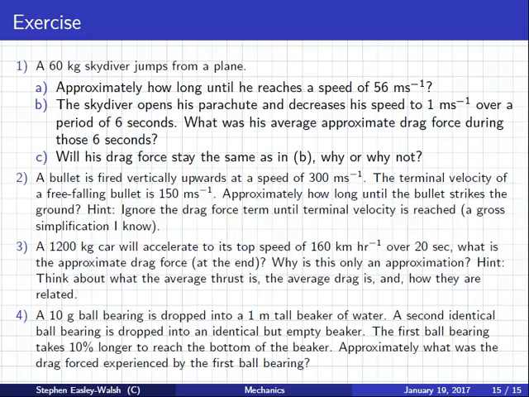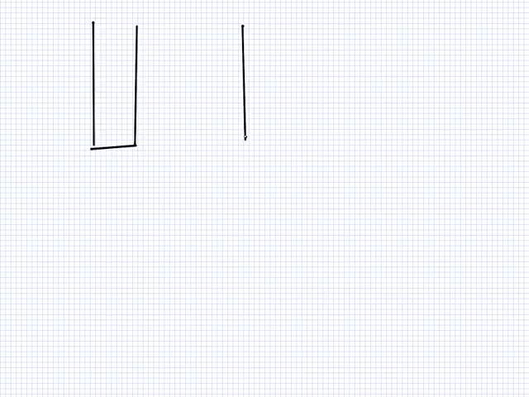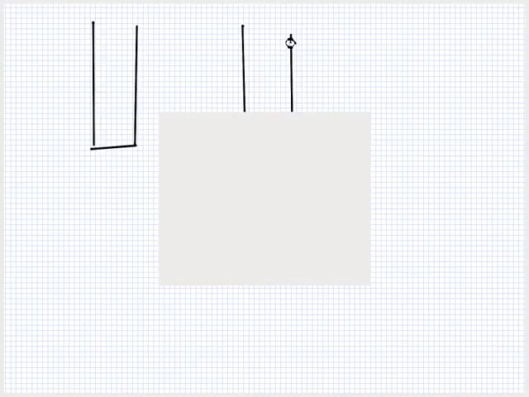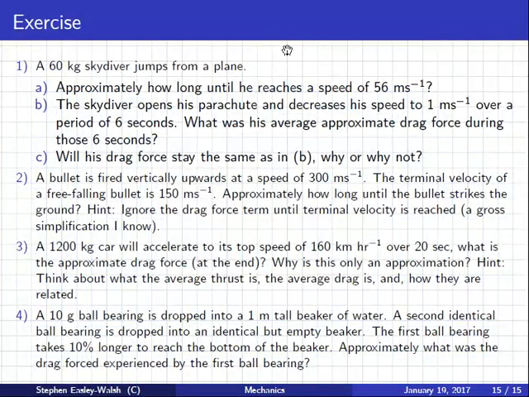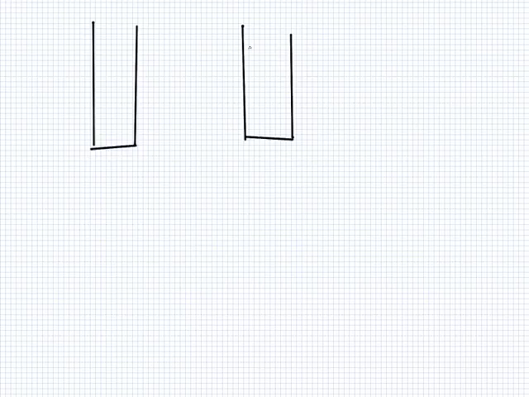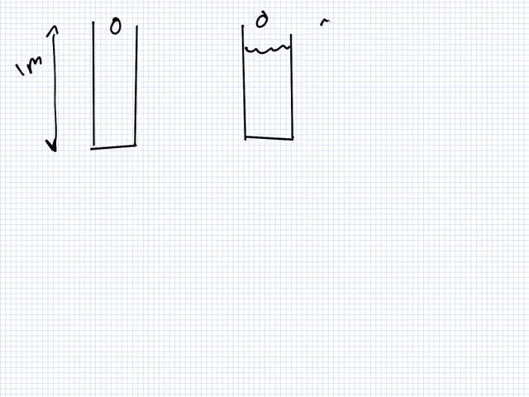Okay, let's have a look at number 4. So we have two beakers, I think, and one of them is put into water and one of them is put into an empty beaker, and it's 1 meter tall, both of them.